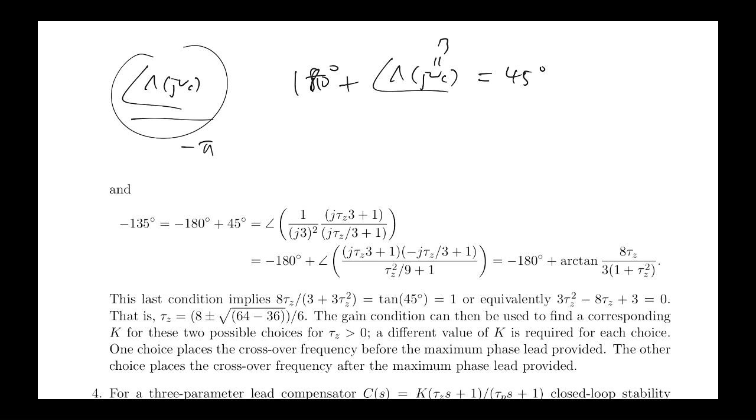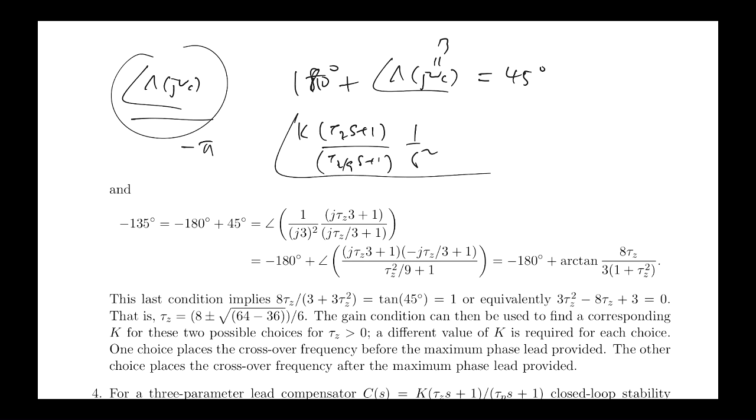So that allows you to write down another equation that constrains our controller parameters, and in this case it turns out to only constrain the parameter tau Z, right? Because our open loop transfer function is K times (tau Z s plus 1) on (tau Z on 9 s plus 1) times 1 on s squared.